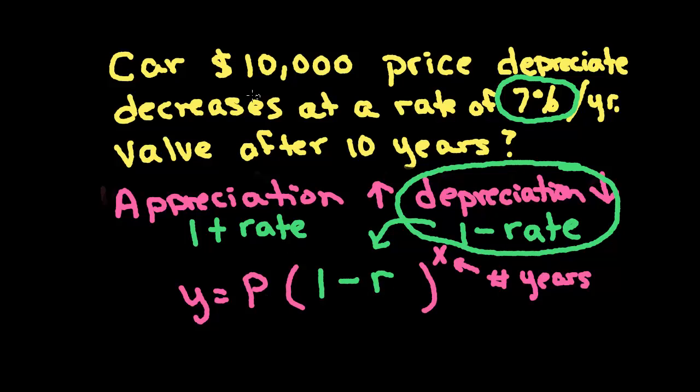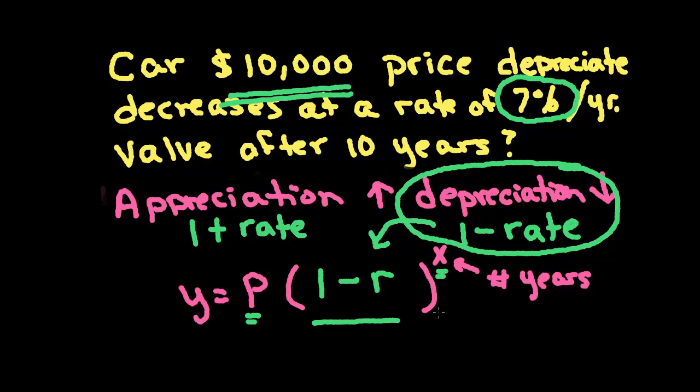Anytime you have something that you're investing or a piece of property that's going up or down, this is the general formula you're going to use: y equals the initial value, P, times either 1 minus or 1 plus the rate, depending on whether you're appreciating or depreciating, and then raised to the x power.